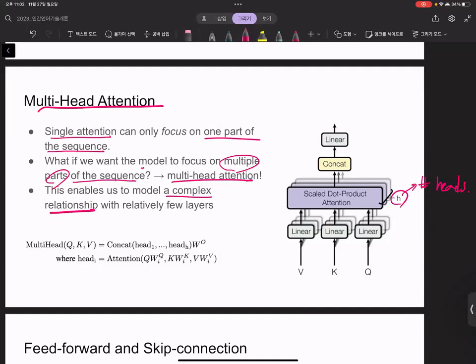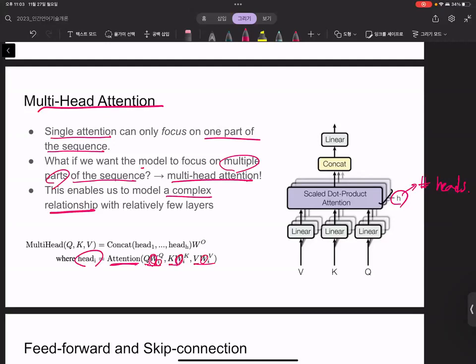Okay, so here, the attention, each head is QKV, and here is the W. What is this? We want to make sure that each Q and K and V has different weight.